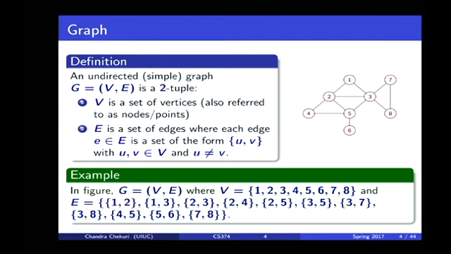So a graph is just a finite set of vertices and a finite set of edges. And in an undirected graph, really there is no direction to the edge, right? An edge is simply a pair of vertices, because there's no orientation to the edge, right? Even though there is no orientation, ideally we should write an edge as just a set of two elements, this vertex and that vertex, okay?